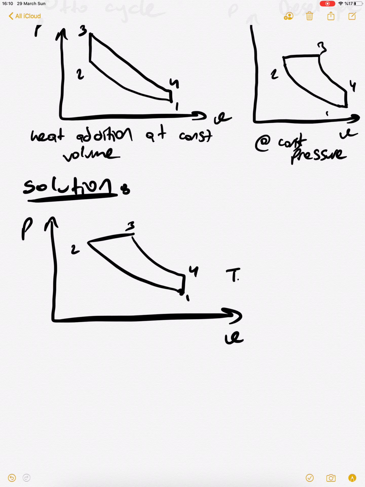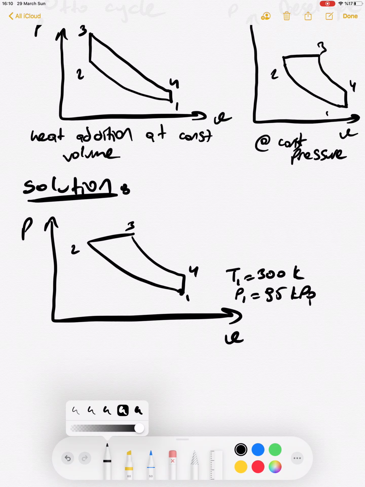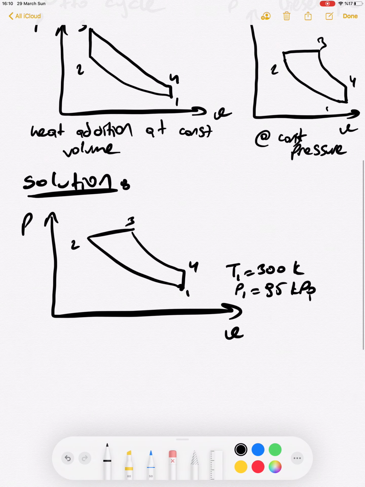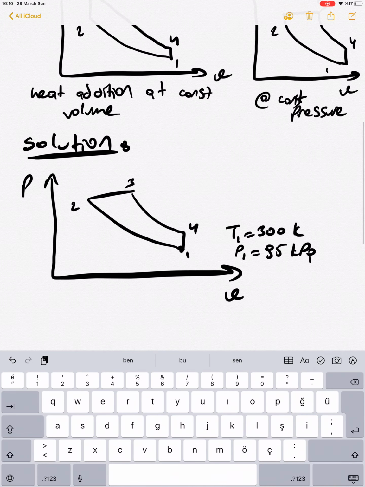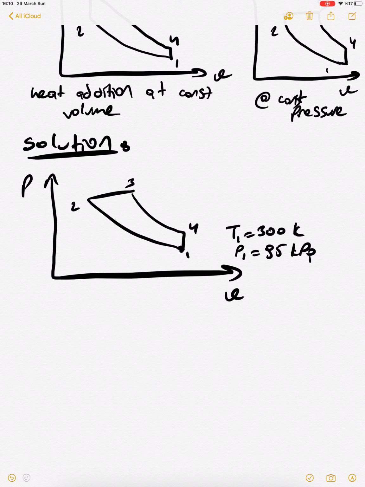T1 is 300 Kelvin, P1 is 95 kilopascal, and P2 equals P3. T3 is 2150 Kelvin.